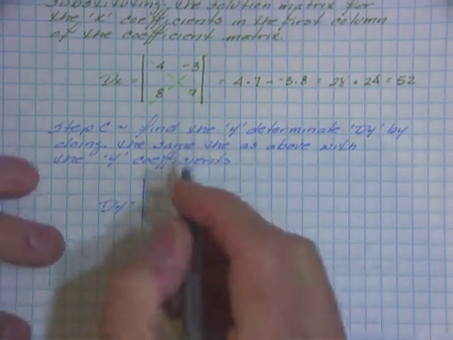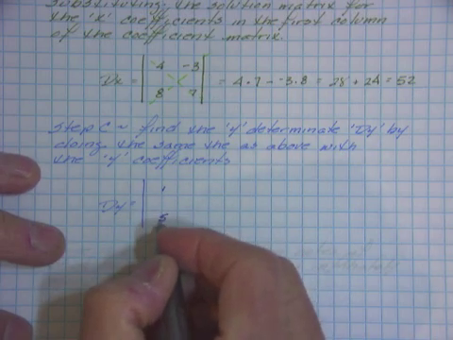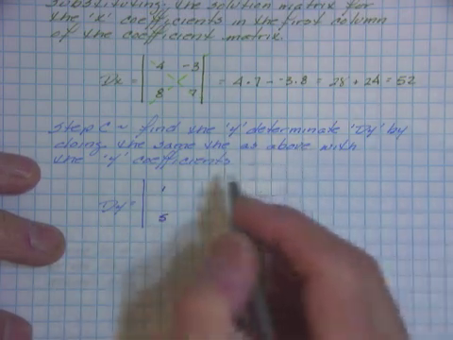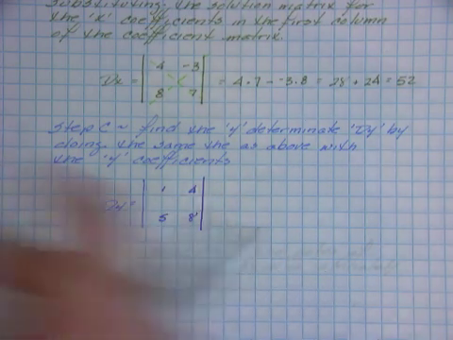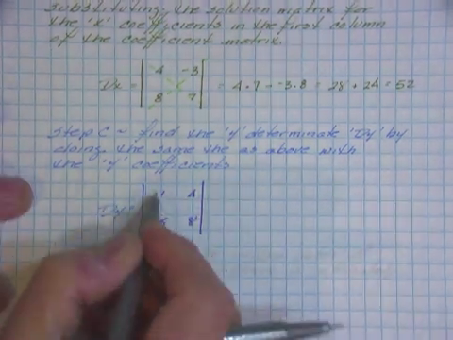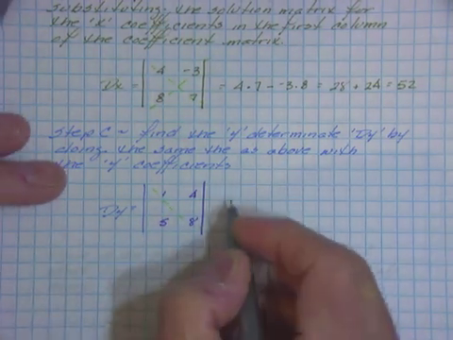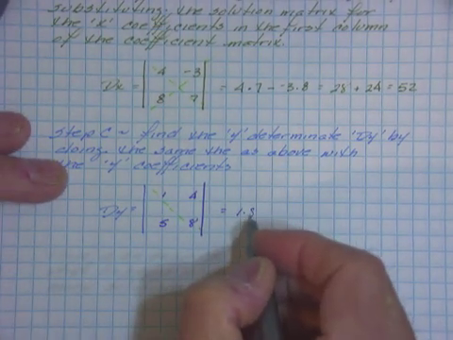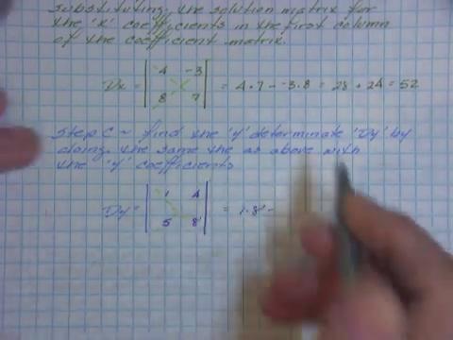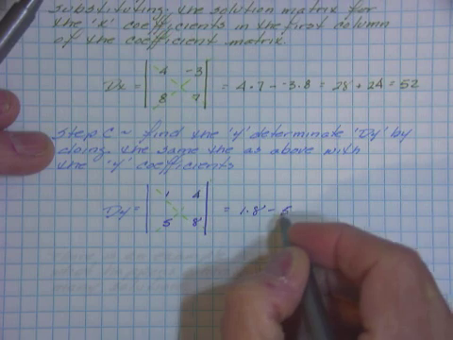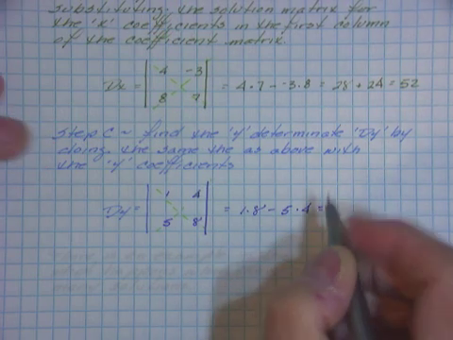All right, and what we get here is, now we're going to put the X coefficients back, the 1 and the 5. We're going to replace the Y coefficients with the answer matrix, 4 and 8. Do our diagonals. So this is equal to 1 times 8 minus 5 times 4.